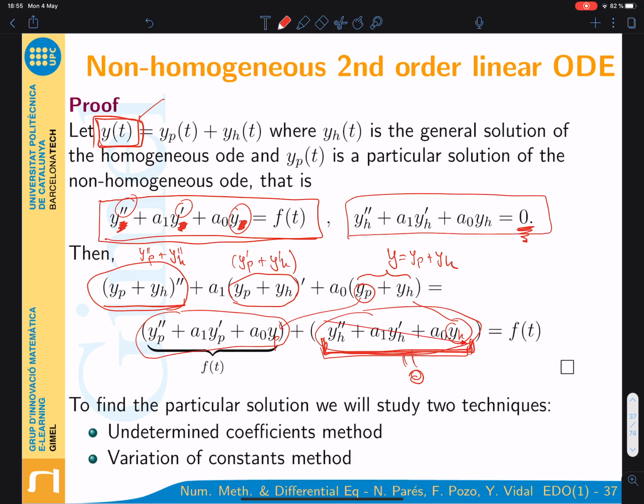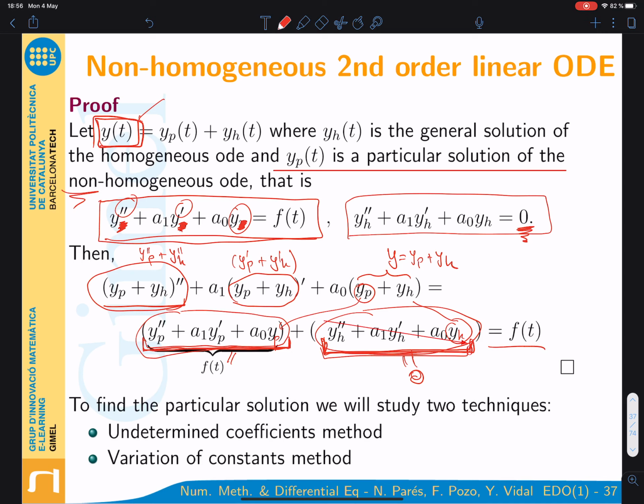Now, yp, we know that yp is a particular solution of the non-homogeneous ODE. So what we can see here is that I have the ODE substituted at yp. This must be equal to f of t, because I know that yp is a particular solution of the non-homogeneous ODE. So it should be equal to f of t. f of t plus 0 is equal to f of t.